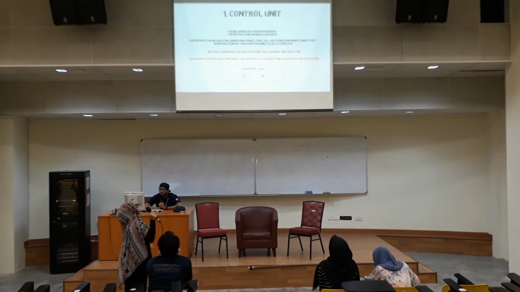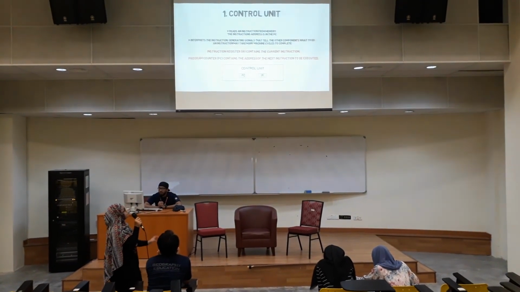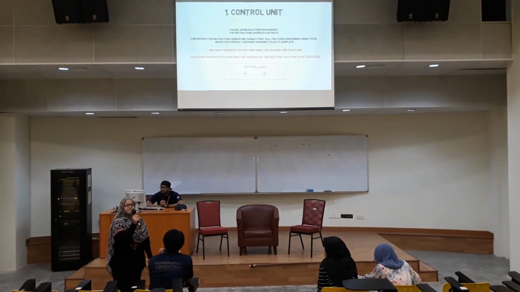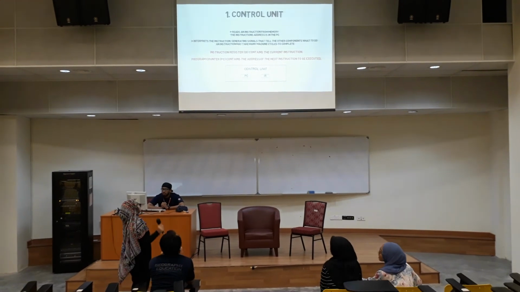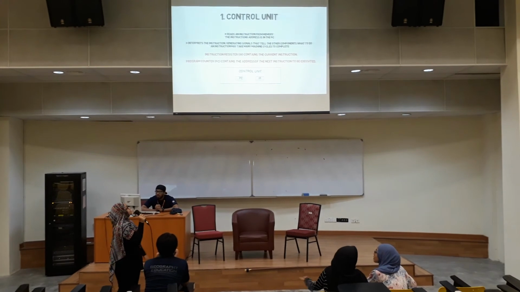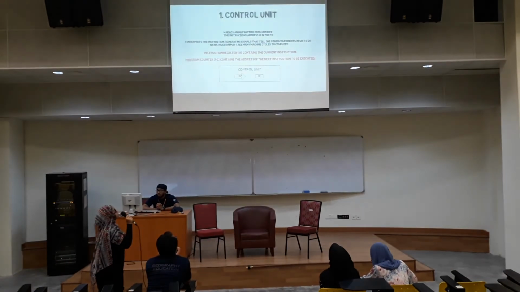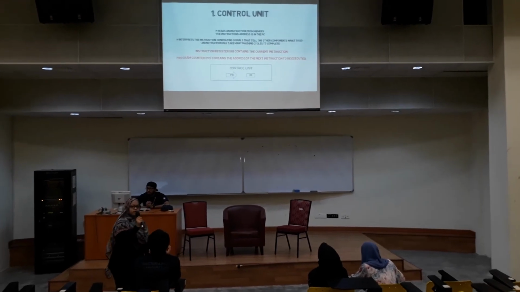It then interprets the instruction, generating signals that tell the other components what to do. An instruction may take many machine cycles to complete. The instruction register IR contains the current instruction, and the program counter PC contains the address of the next instruction to be executed.